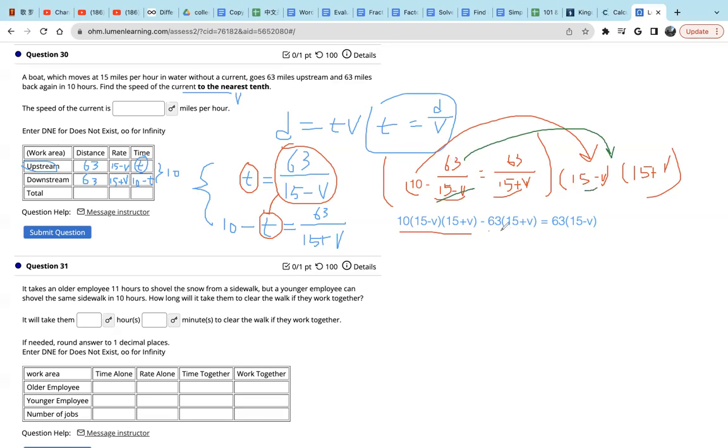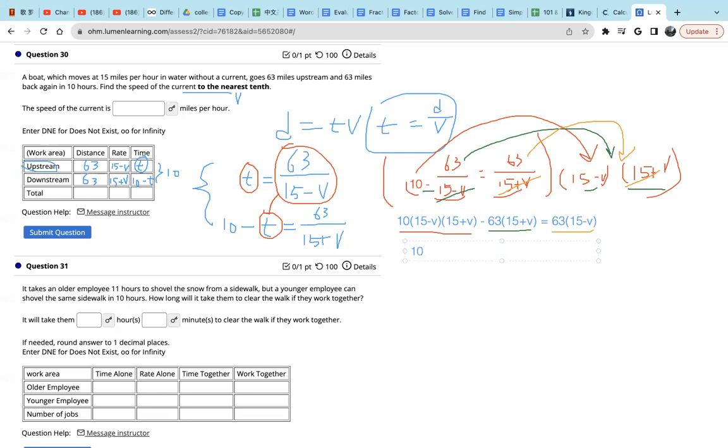So it's negative 63 times this term, 15 plus V. Then when I multiply this one with the least common denominator, the plus terms get cancelled. So I'm left with 63 times 15 minus V. Now the rest is just to simplify it.